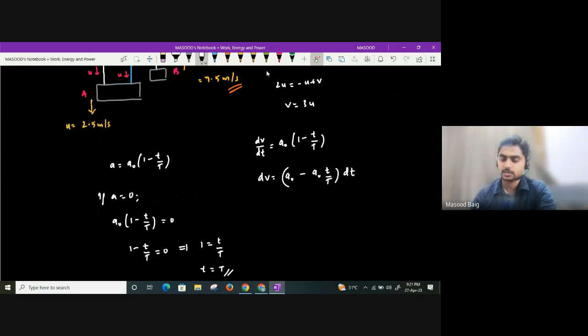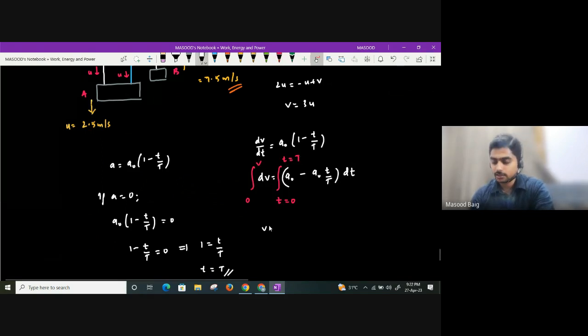Now differentiation is there. In order to remove differentiation, we apply integration. At t is equal to 0, velocity is already given as 0. At t is equal to capital T, what is the velocity they are asking? Integral dv is v, from 0 to v. A naught is a constant value, and integral dt is t from 0 to capital T. A naught by capital T is a constant value.